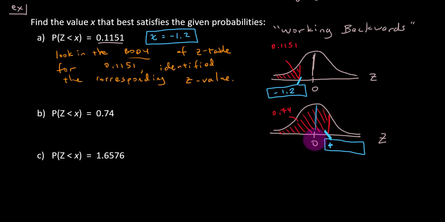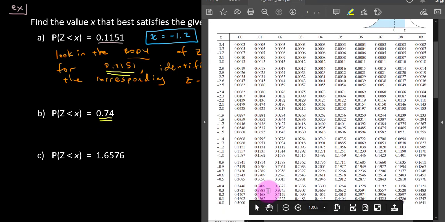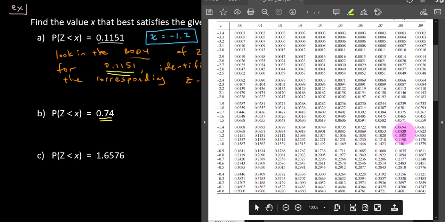Okay, but otherwise, we have the same process as what we did in part A. But instead of looking for 0.11, we're going to look for 0.74. Let's go take a gander. Now, I know I need to be on the positive side. I can look all day here for 0.74.